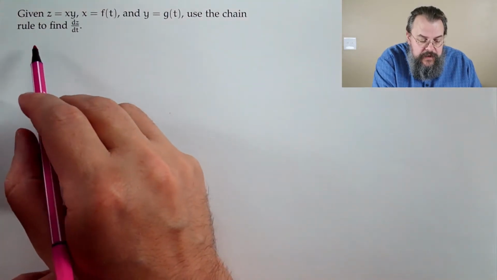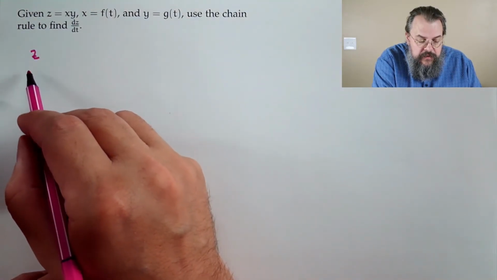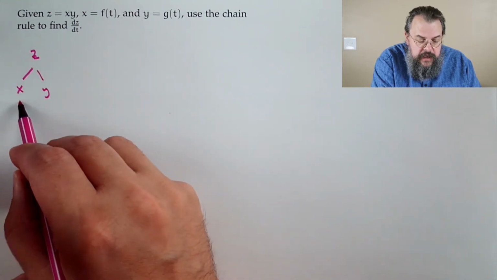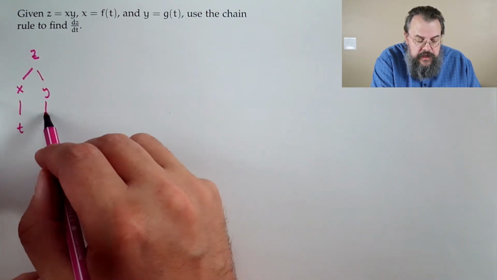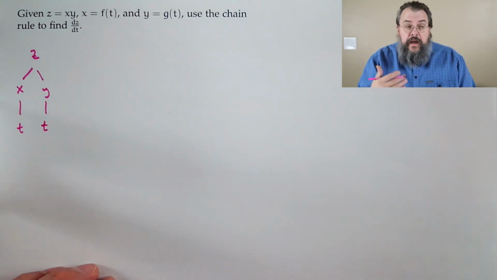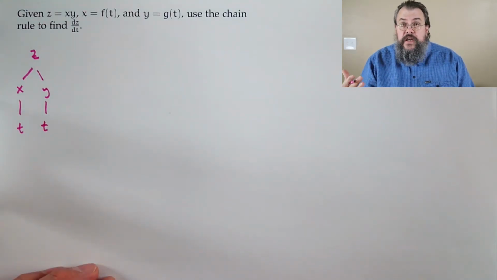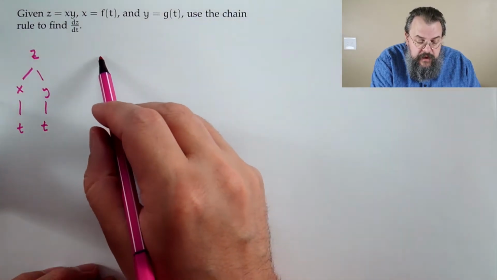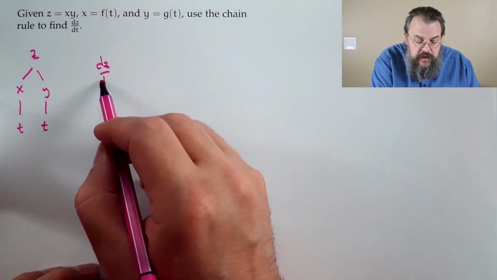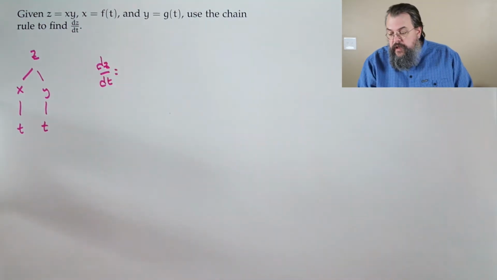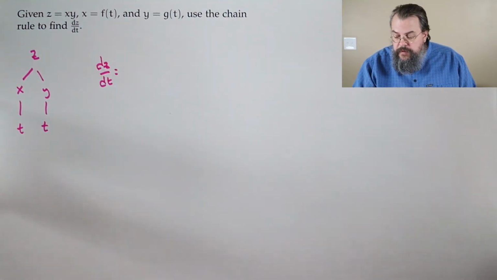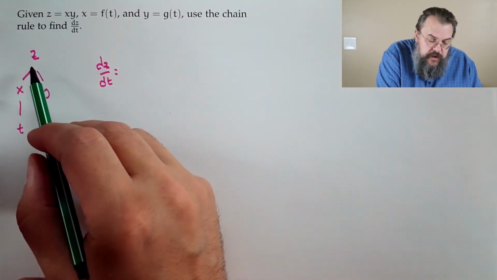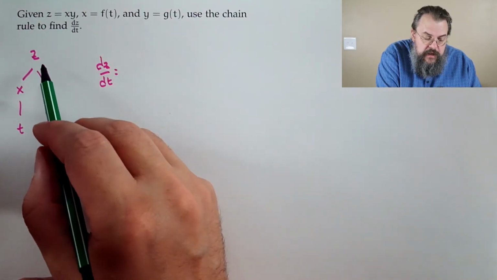So what we have is we say, look, z is a function of x and y, and x and y are each functions of t. And our question is, well, how does z change with respect to t? So the way that we'd answer that was to say, well, look, dz dt is equal to, and we'll come here before we finish anymore and say, look, what you do is every time that you go down, there's a partial derivative.